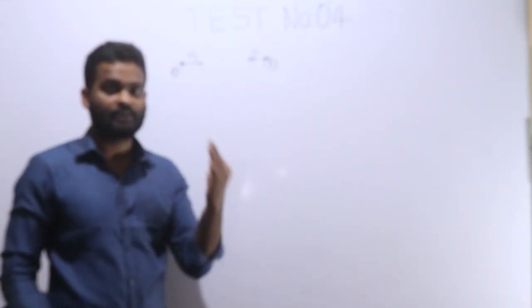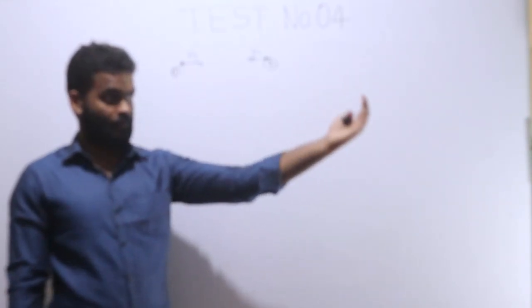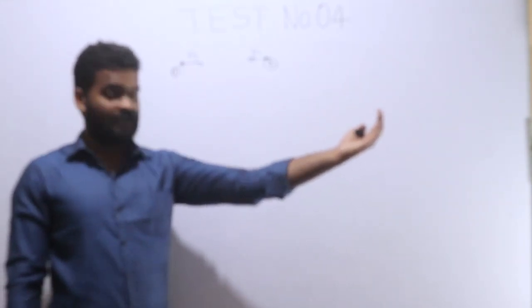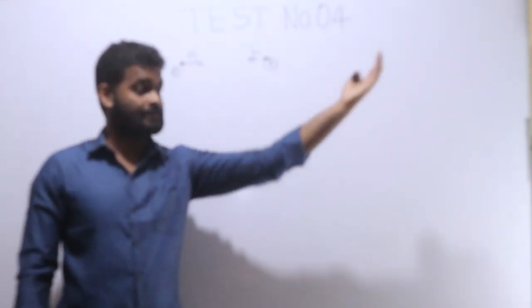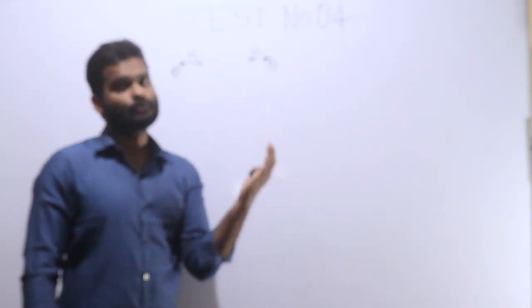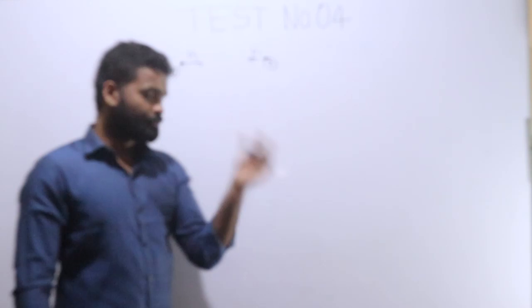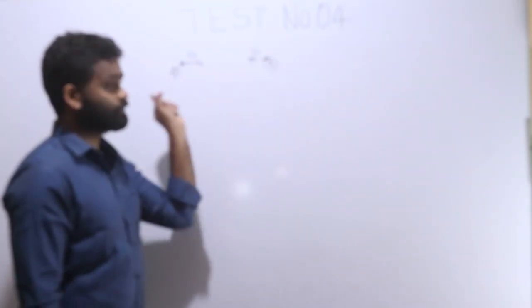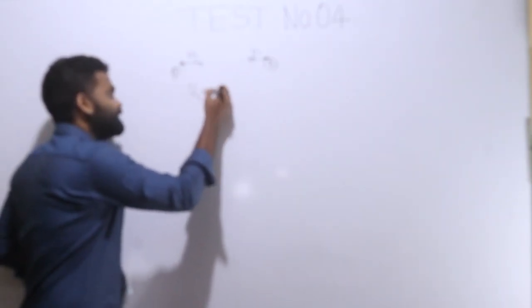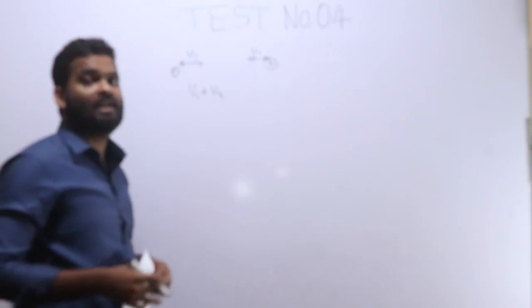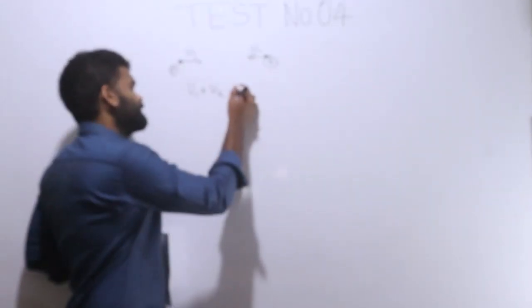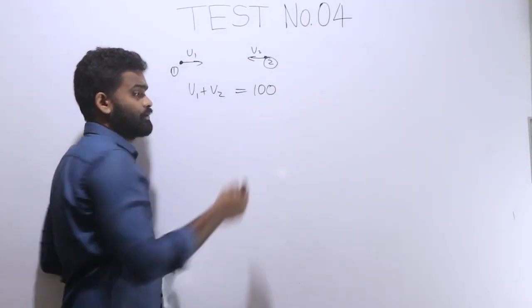That is how you experience the maximum relative velocity, when you see the other object reaching towards you fastest. So this is v1 plus v2. They are moving in opposite directions, so the relative velocity between them should be v1 plus v2, and they say it is equal to 100.